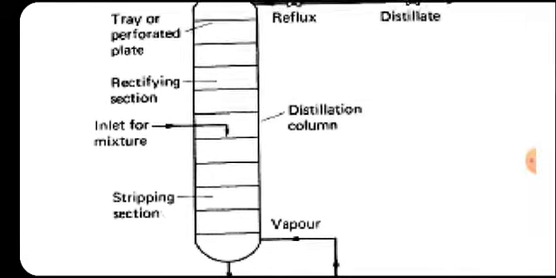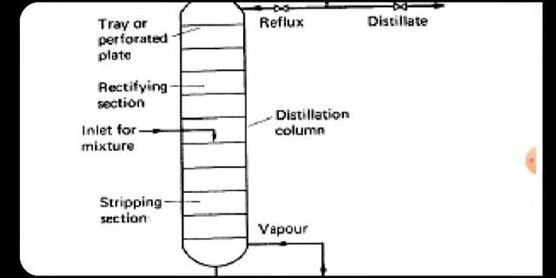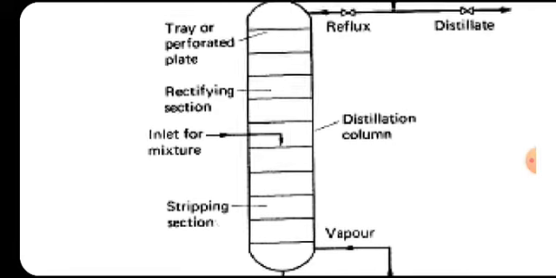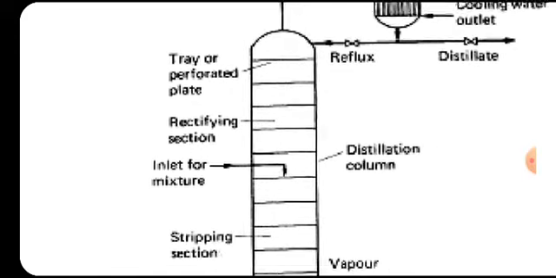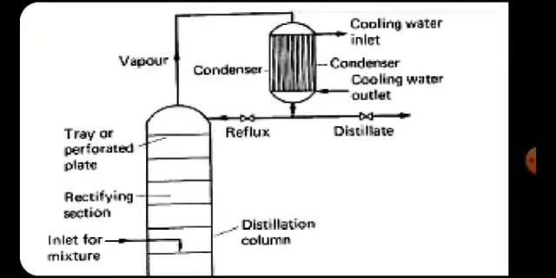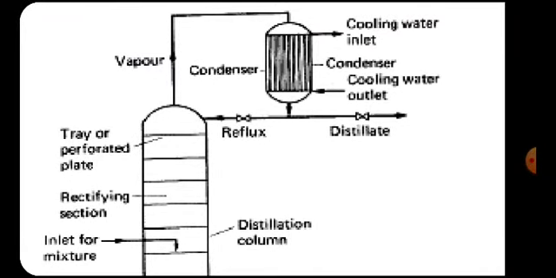The second component of this distillation plant is the distillation column. This distillation column consists of perforated stainless steel plates. In the center there is an inlet for the entry of the mixture, and then the vapors are finally collected in the condenser, the same as in the batch distillation plant.